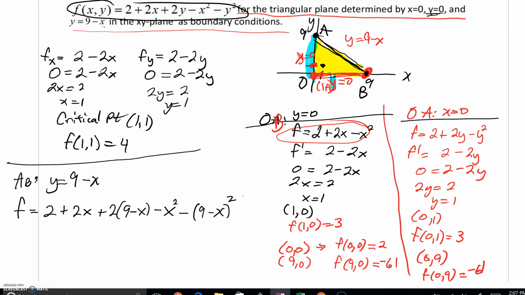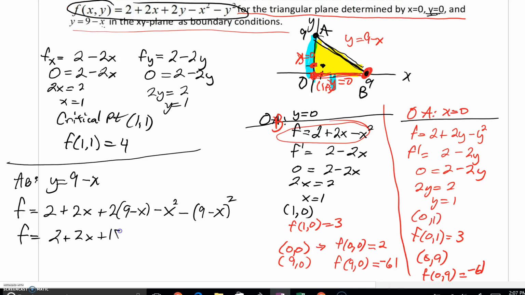We're going to try to find where on this boundary of AB there might be some critical numbers to check here. So let's take a bit of time to combine some like terms.